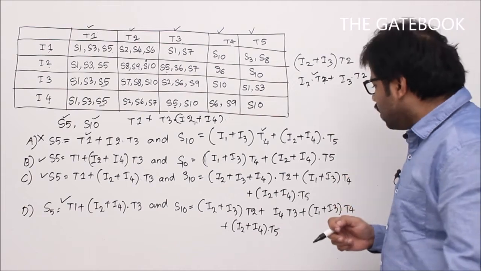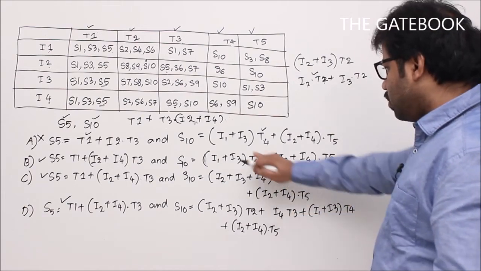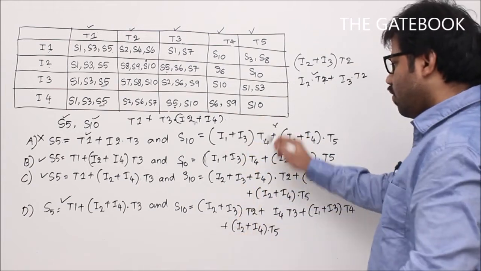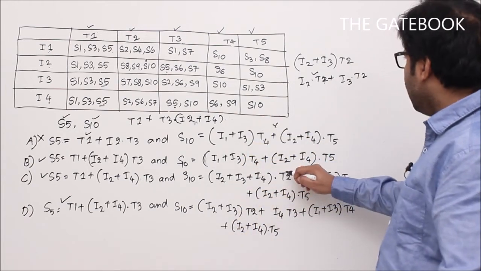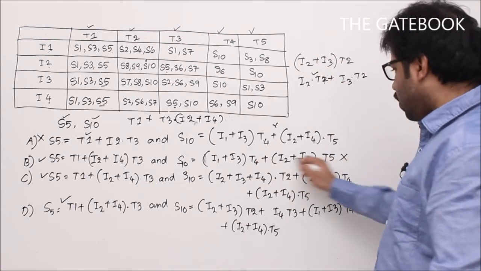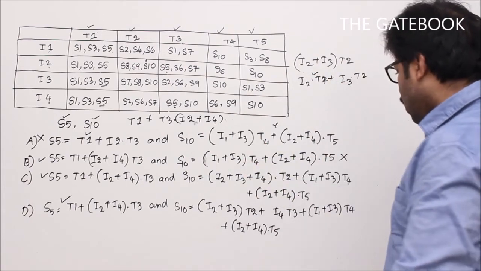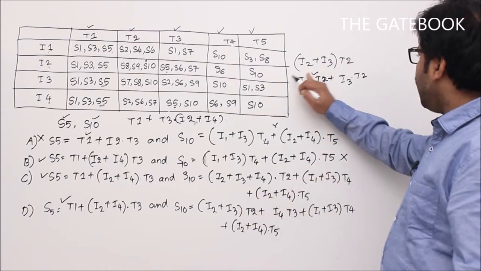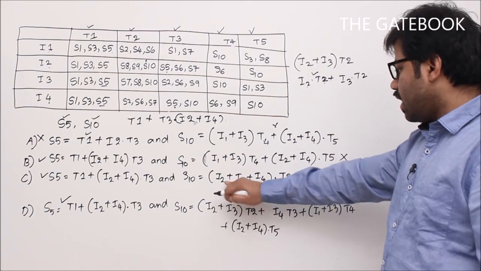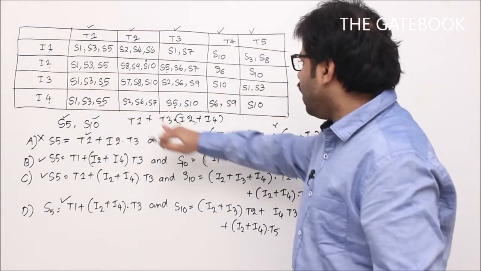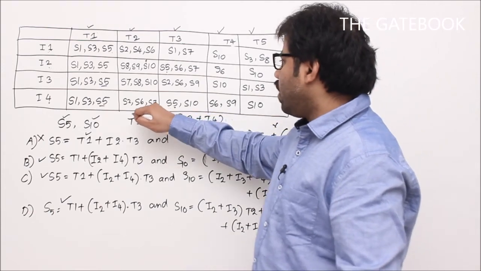Well, let us check it. This option cannot be the answer. Now we'll see option B. In option B, we should have I2 T2, but there is nothing like that. There is no time T2. So it is either this one or this one. Now T2 into I2 plus I3 only. But here it is I2 plus I3 plus I4. In instruction 4, in the T2 timeline, do we require S10?